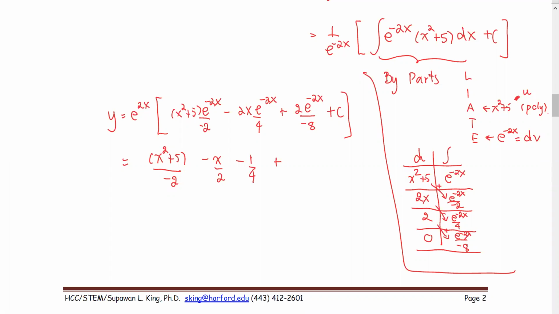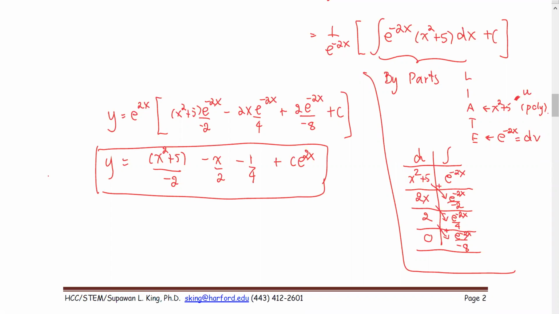And the last term is c times e to the 2x. And we obtain the general solution for part A.